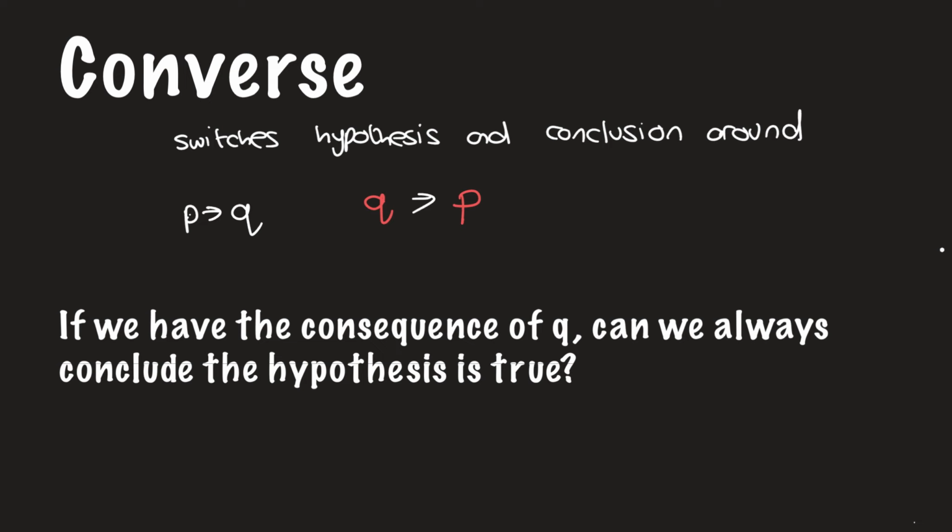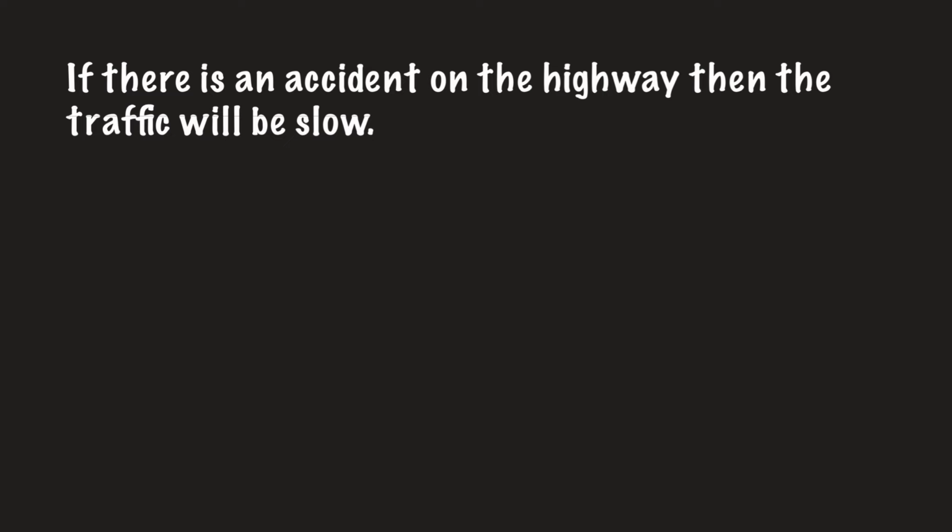So let's go through some examples again. Okay, so we again have, if there is an accident on the highway, then the traffic will be slow. And we are going to break it up into our hypothesis and our conclusion, or our antecedent and our consequent. So step one, the hypothesis here is after the if statement, there's going to be some information.